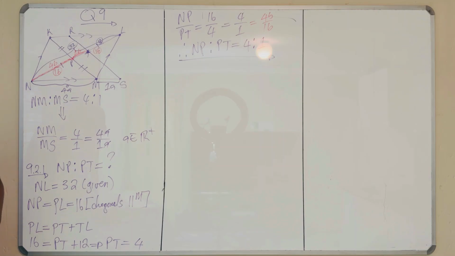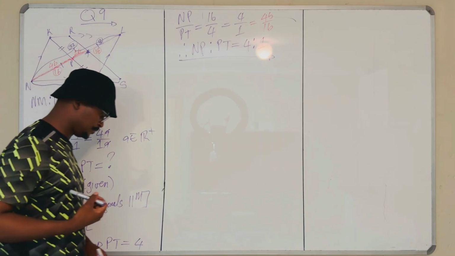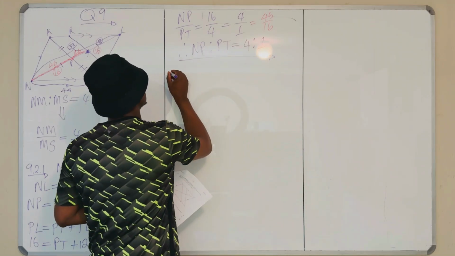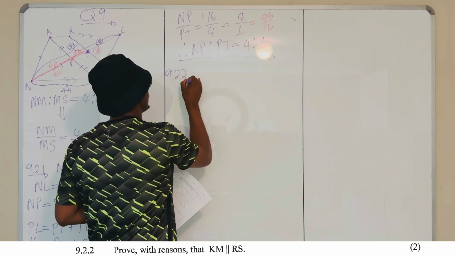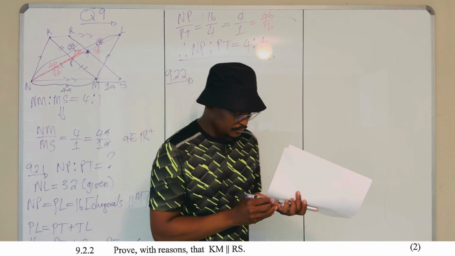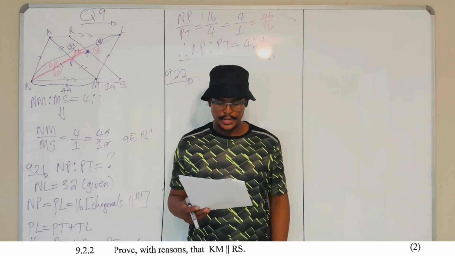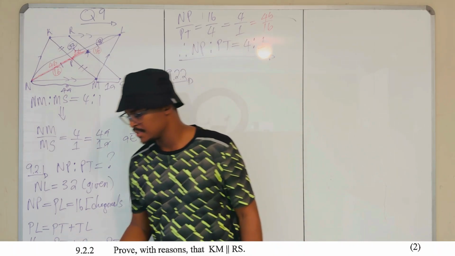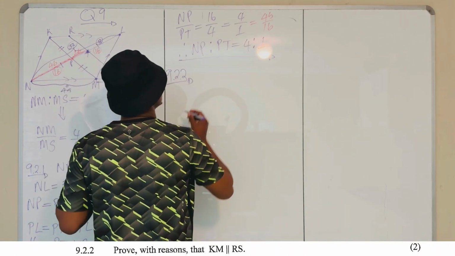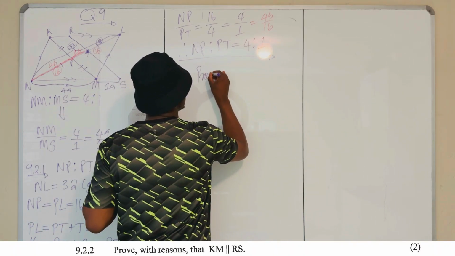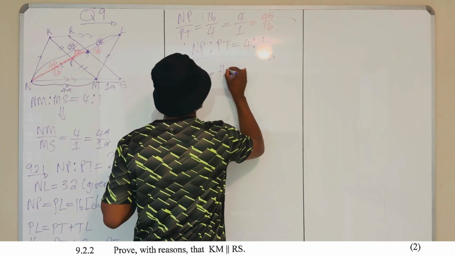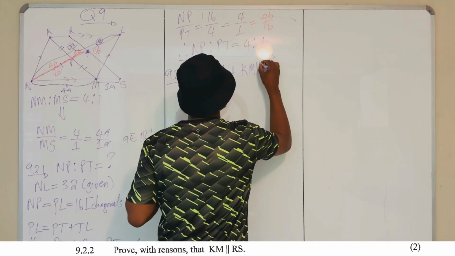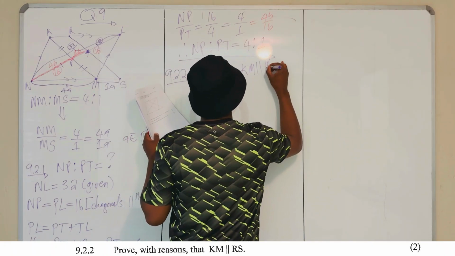So we continue to 9.2.2. At 9.2.2, they're saying prove with reasons that KM is parallel to RS. So they want us to prove with reasons that KM is parallel to RS.